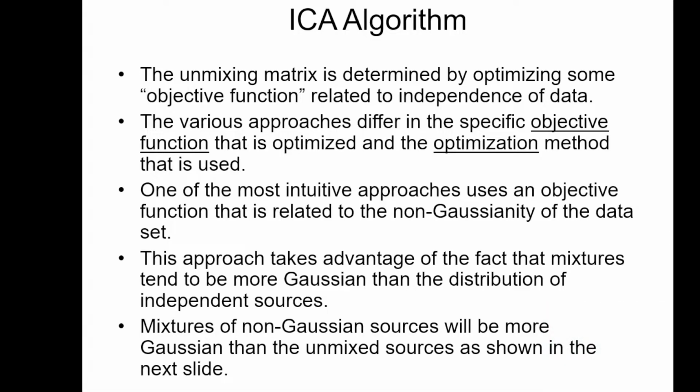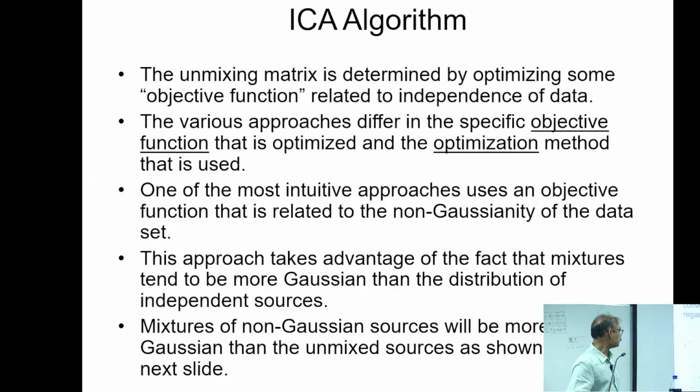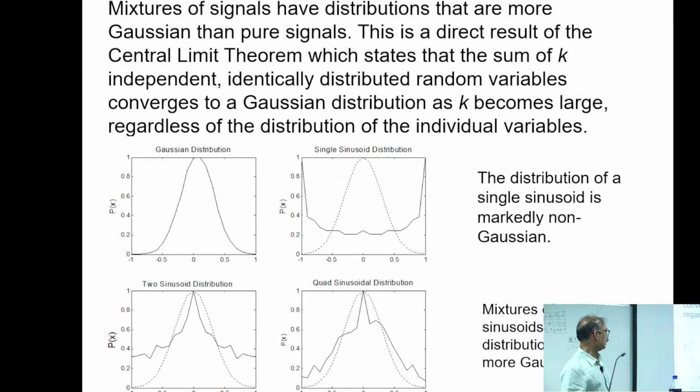A mixture of non-Gaussian sources will be more Gaussian than the sources themselves, like in the next slide, right? I think we had covered the Gaussian distribution, but there are other kinds of distribution, like single sinusoid distribution, two sinusoid distribution, quadratic sinusoid distribution, and so on.